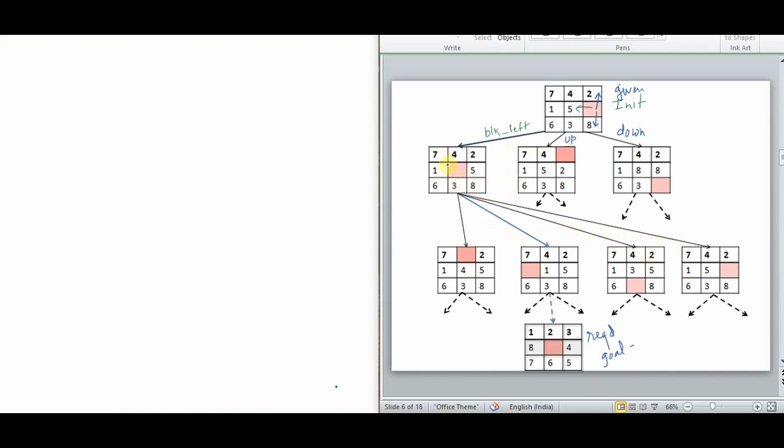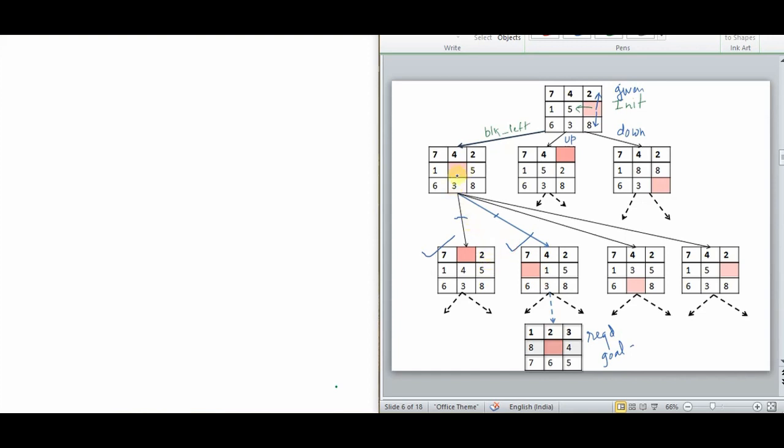Now you see, from this node, how have you reached this one, this one, and this one? When the blank tile is moved one position up, this is the rule that is applied, and you reach this node. When the blank tile is moved one position to the left, this is that rule, and you get this configuration.